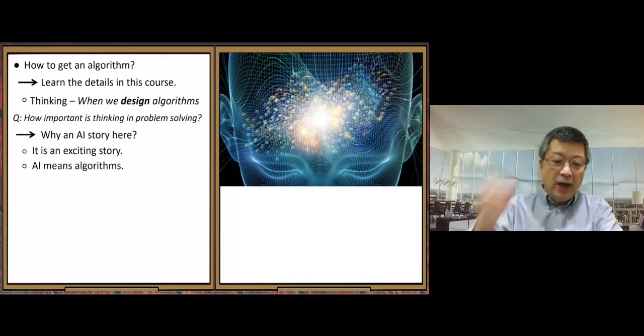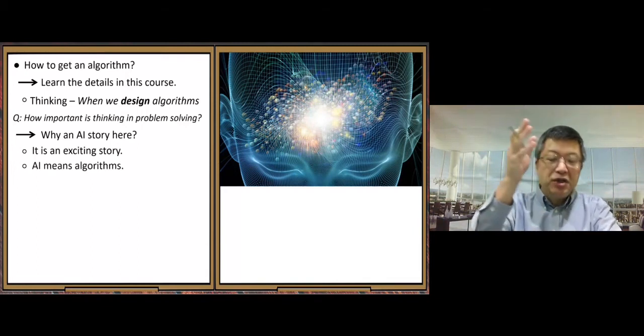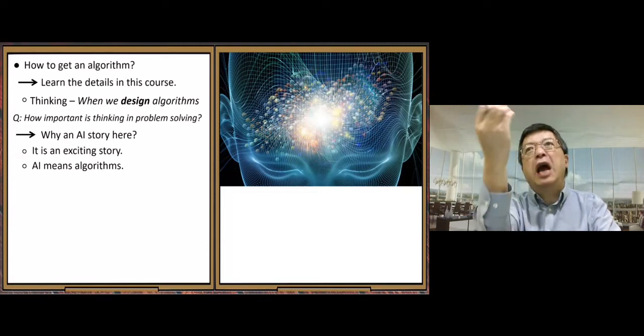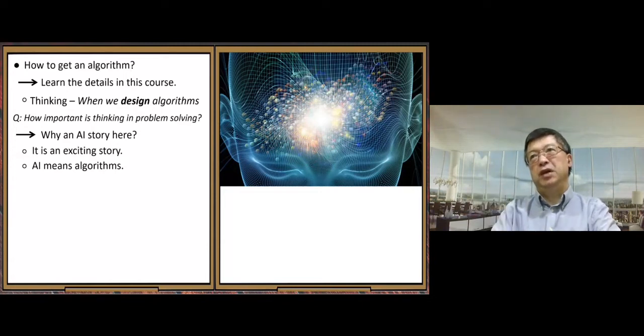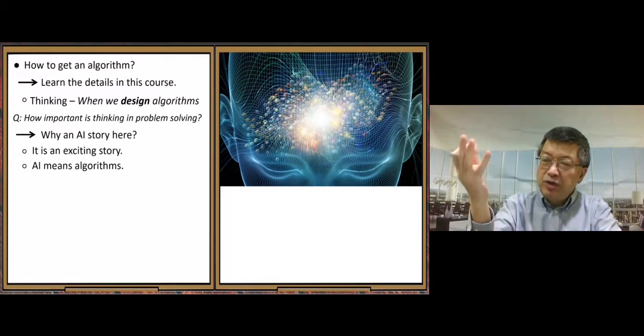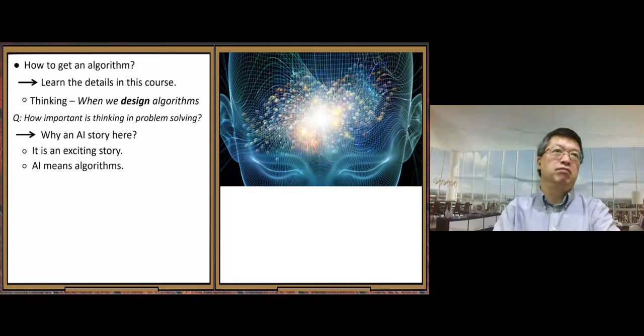AI means algorithms. The reason we talk about AI is because the most important part in AI is algorithms. So we use AI to help us understand why algorithms are so important in our problem solving.